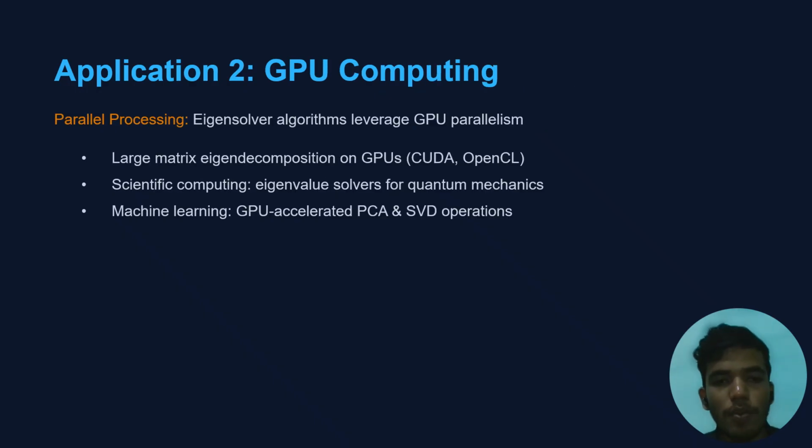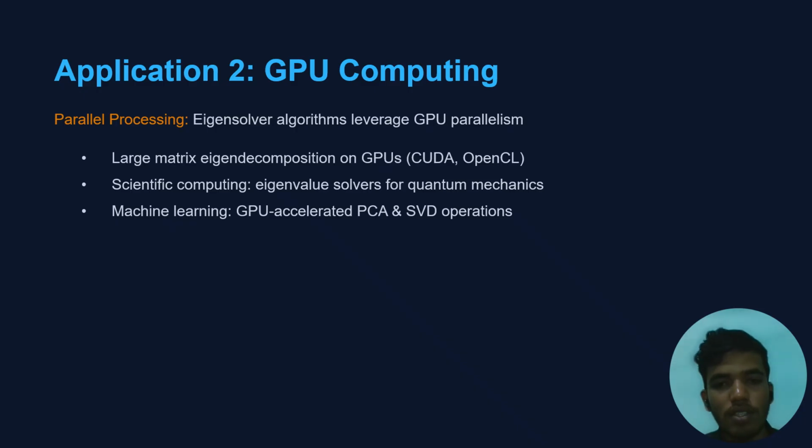As we discussed, GPU computing means parallel processing: as we have a CPU, there is also a GPU, which performs eigensolver algorithms that leverage GPU parallelism. It performs large matrix eigen decomposition on GPUs.